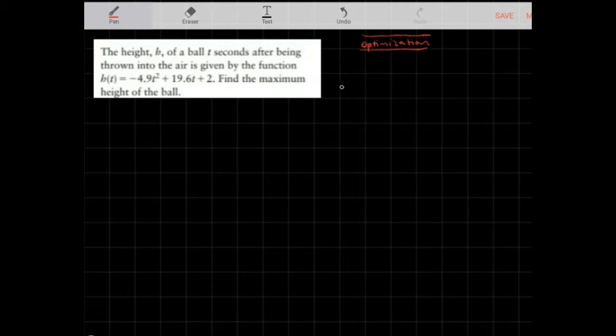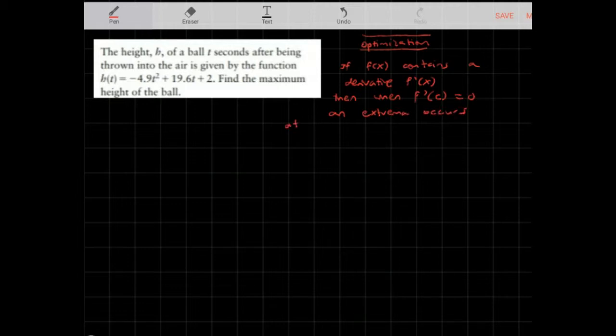We know that if f of x contains a derivative f prime of x, then when f prime of c is equal to 0, an extrema occurs at c and f of c. Okay? So this extrema could be a maximum or minimum point.